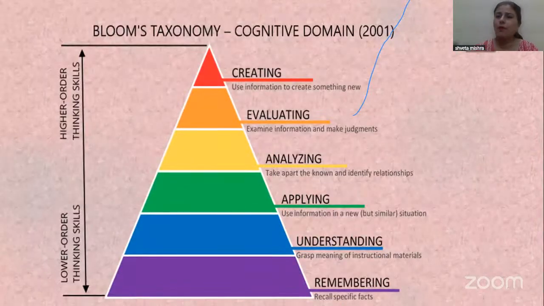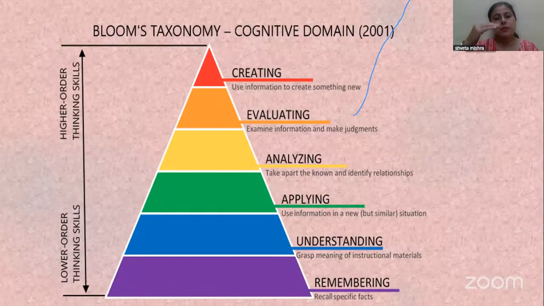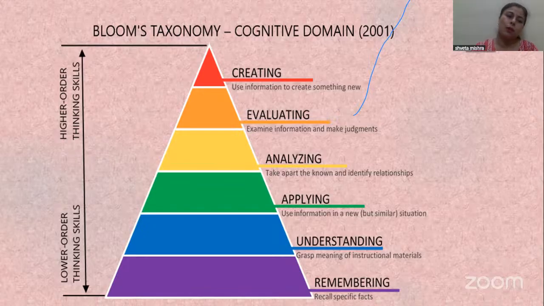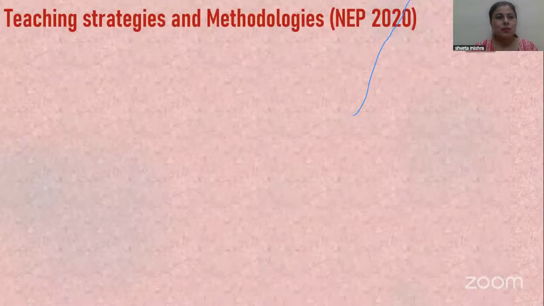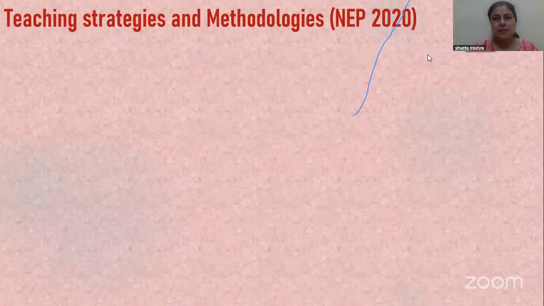Again, we are all familiar with Bloom's taxonomy, how learning goes stepwise from lower order thinking skills to higher order thinking skills. I won't go into details of this because we as educators are very familiar with this kind of learning pyramid.